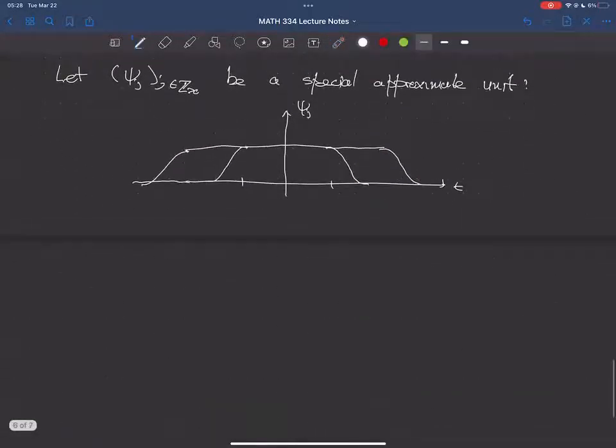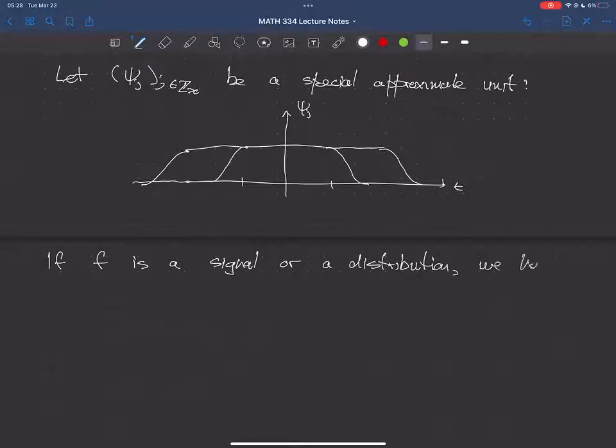All right, so now if f is a signal or a distribution, we have the signal or distribution psi j f.